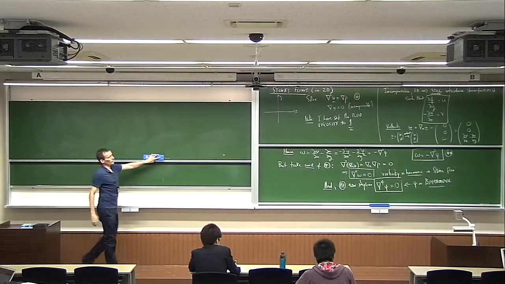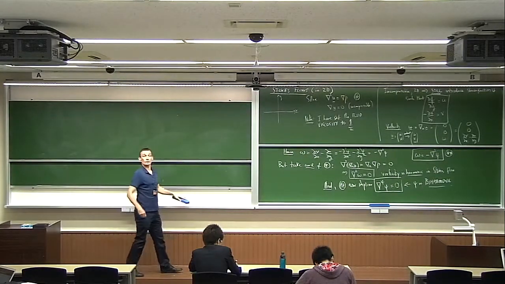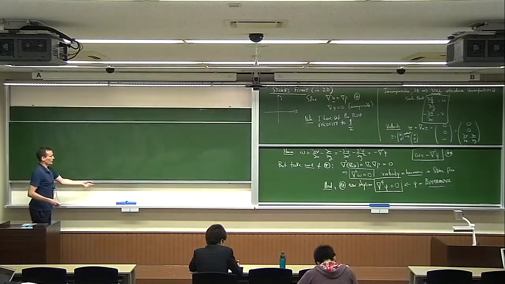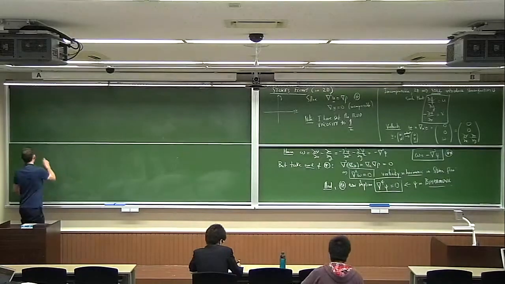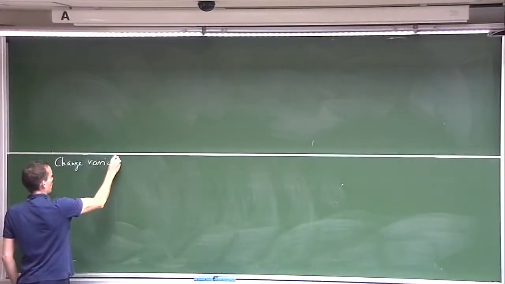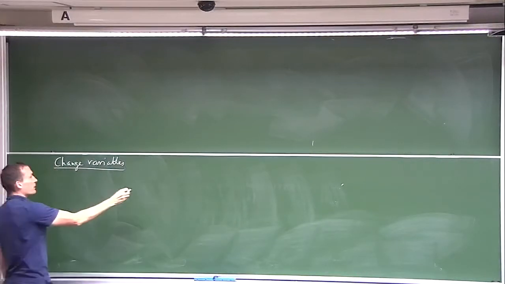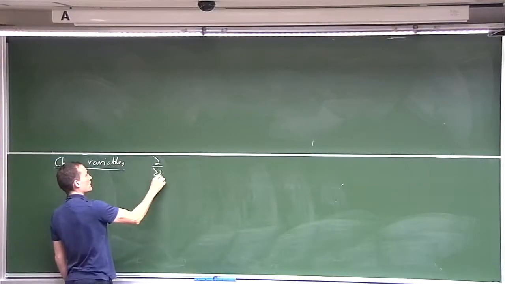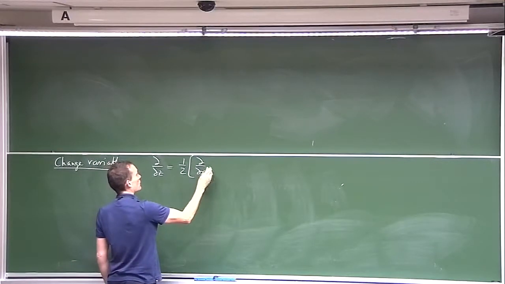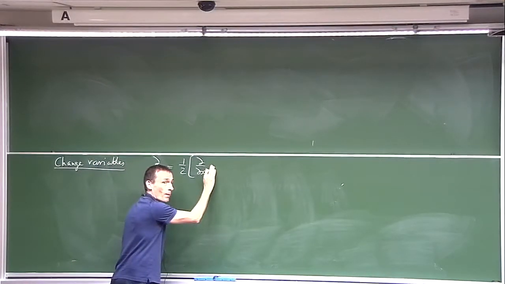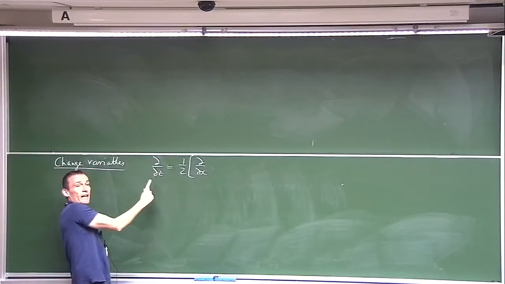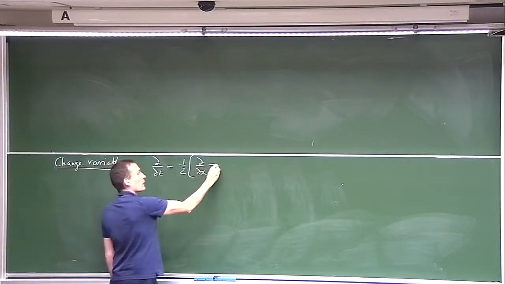So of course, all I'm going to do is change variables from x, y to z, z bar. You remember this, everybody, I hope. D by dz is 1 over 2 d by dx minus i d by dy. What's this? Remember this? Z is x plus iy.